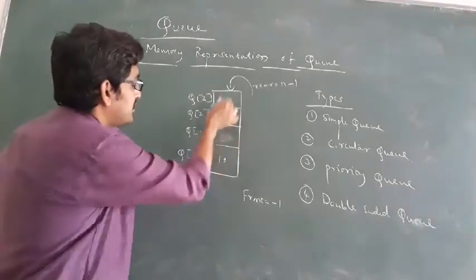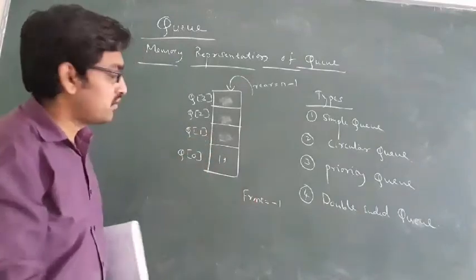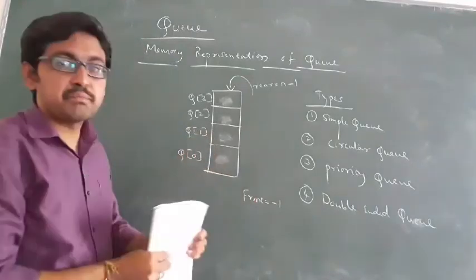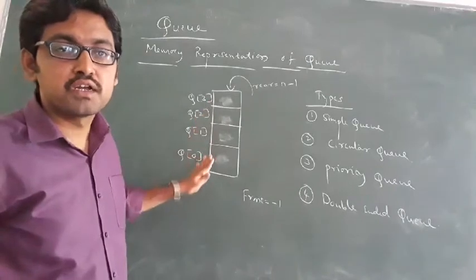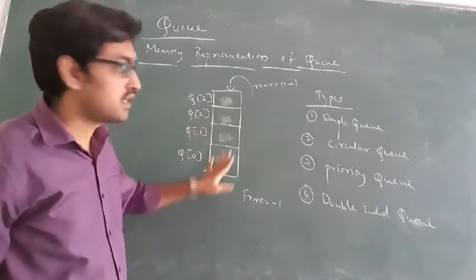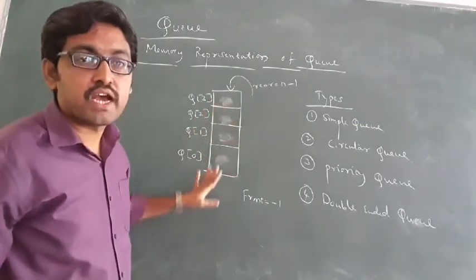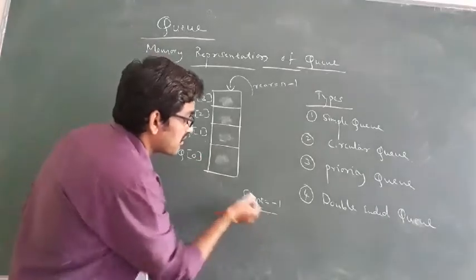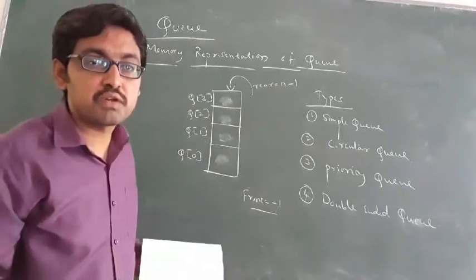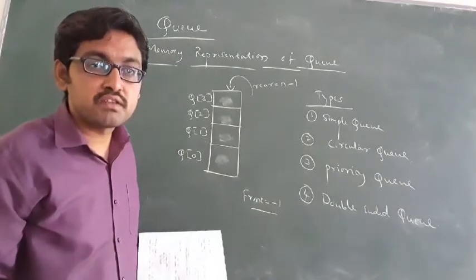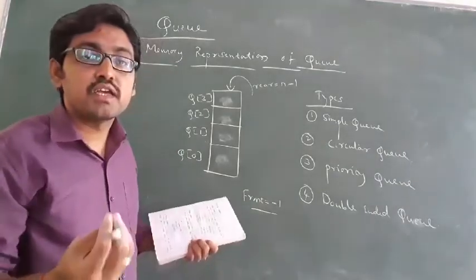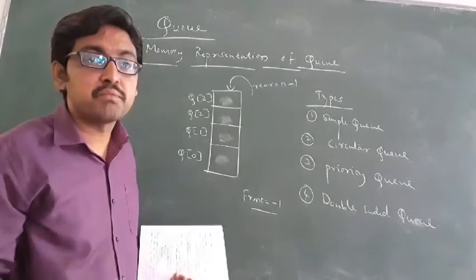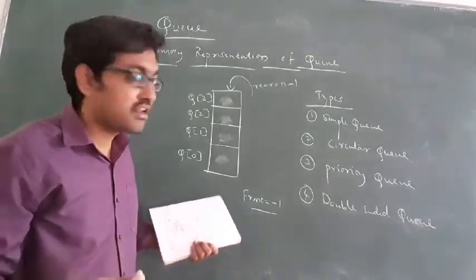When you have an empty Q, first you have to remember, if you have an empty Q, there is no element in it. If you have an empty Q, that time front equals -1. Front equal to -1 means the Q is empty. Q is underflow.